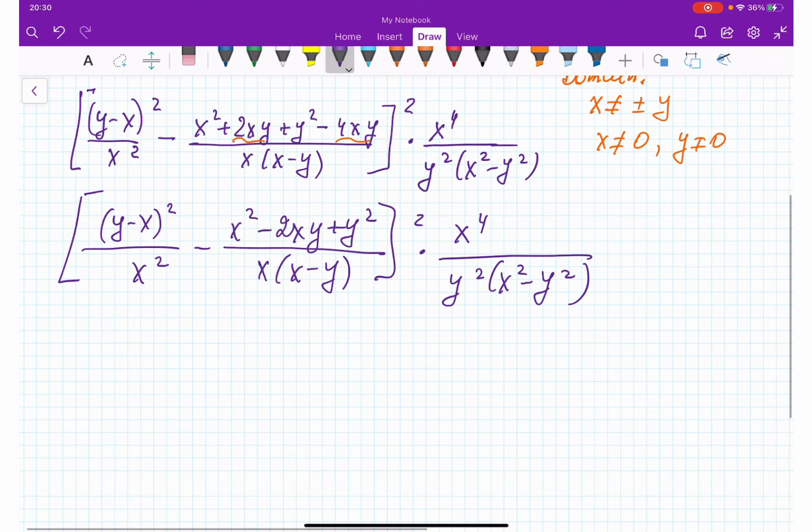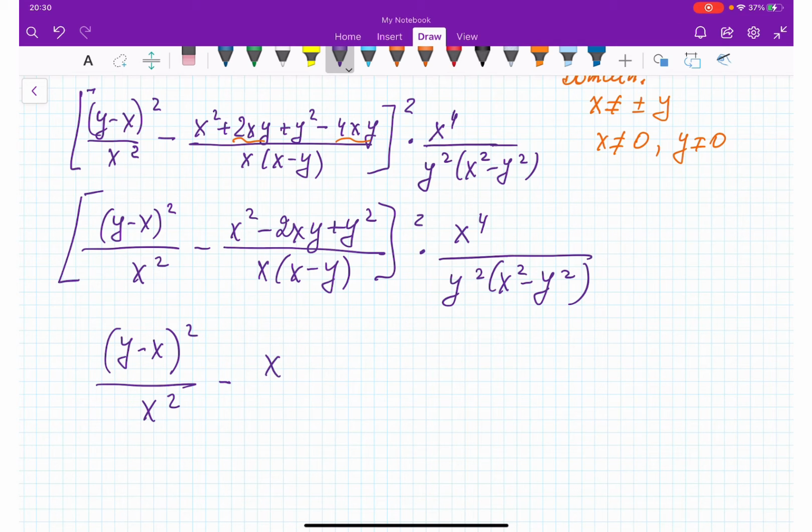Next, what we are going to do, it's going to be y minus x squared minus here x minus y squared, right? We are applying here the formula a squared minus 2ab plus b squared equals a minus b squared.